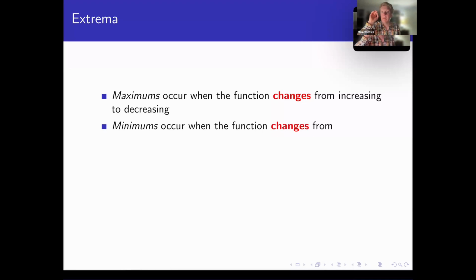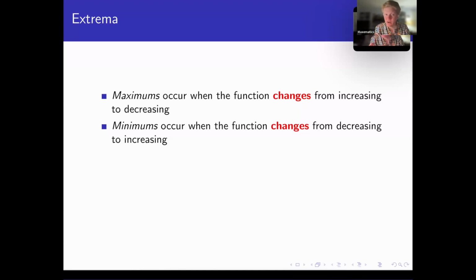Likewise, we use minimums to say decreasing to increasing. At the location that we change from decreasing to increasing, that is a minimum. So the big difference between increasing, decreasing, and maxima and minima is that increasing, decreasing are intervals that describe what happens to the y's.